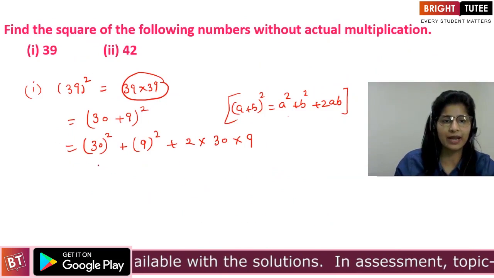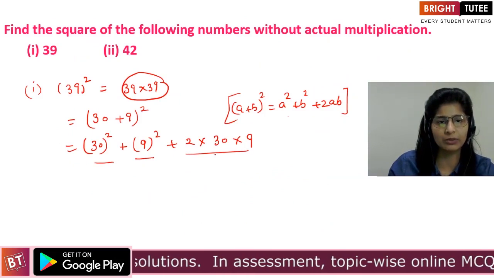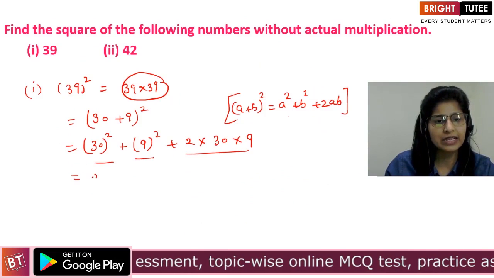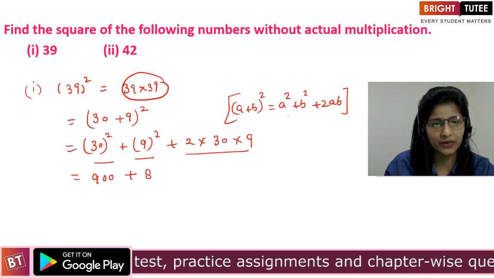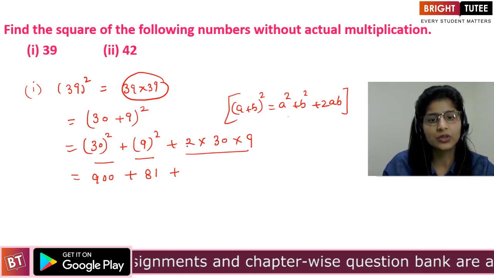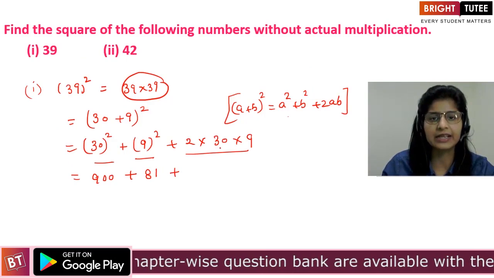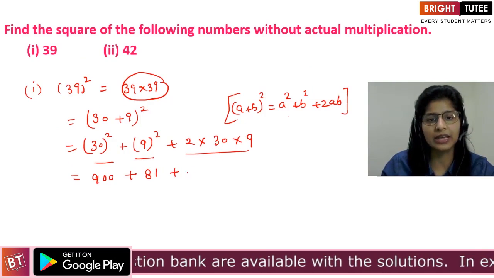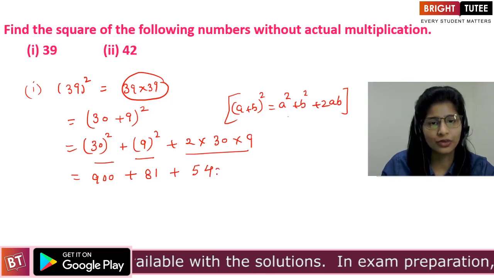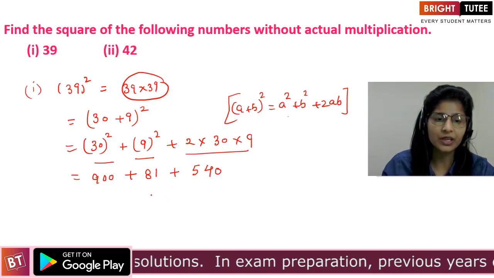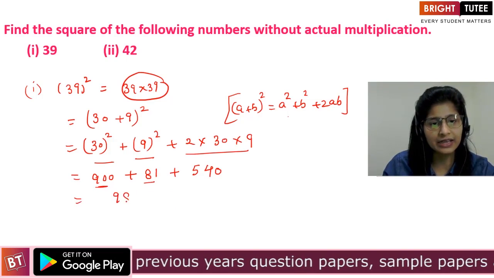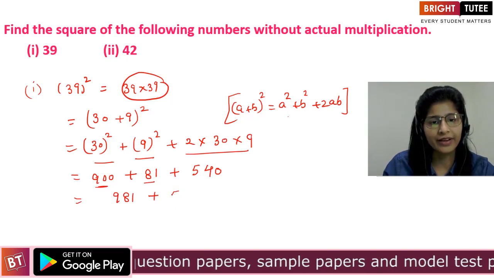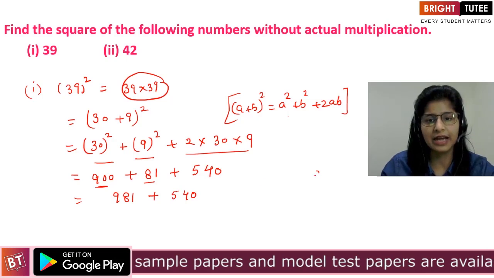So here also we have applied a square, b square and 2ab. 30 square is 900, plus 9 square is 81, we know that, plus 2 into 30, that is 60, and 60 into 9 is 540. Clear? So now we have 981 plus 540. Let us add them.